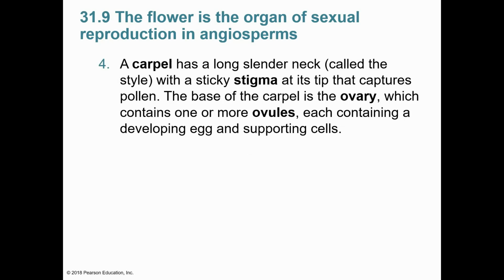The carpel is the female portion, and this has 3 subcomponents. There's a sticky stigma region at the top that will capture the pollen. Going through the style, it's going to go to the ovary, which has 1 or more ovules depending on the flower type.